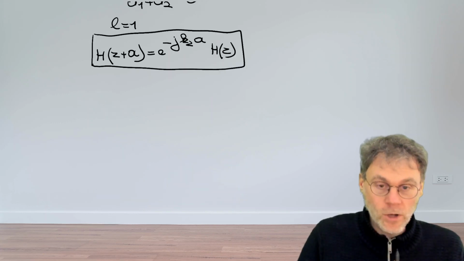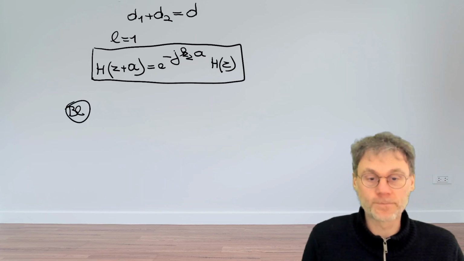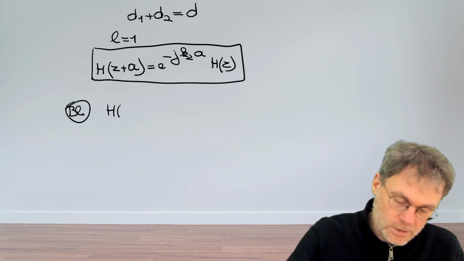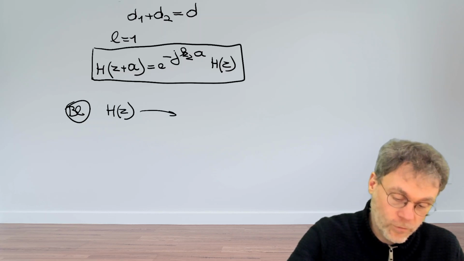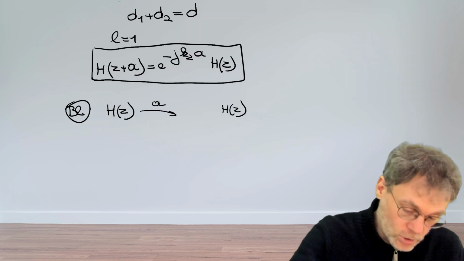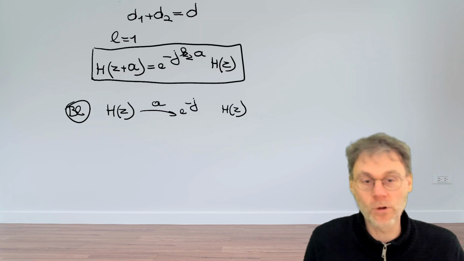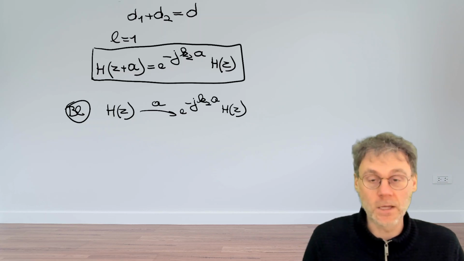So what's going on for a Bloch mode? If you have a Bloch mode and you look at the field at a certain arbitrary position z, and then you move over the distance a, then you end up with the same field that you started with, but the price you pay for that movement, if you want, is a phase factor exponential minus j kz a.